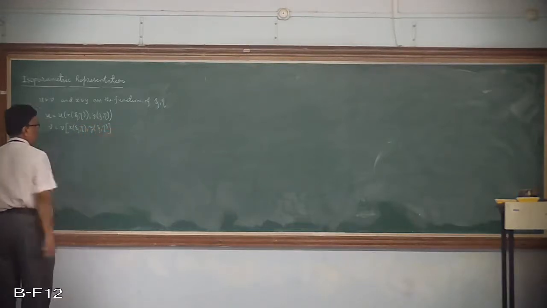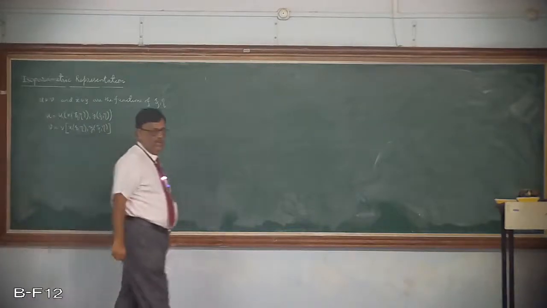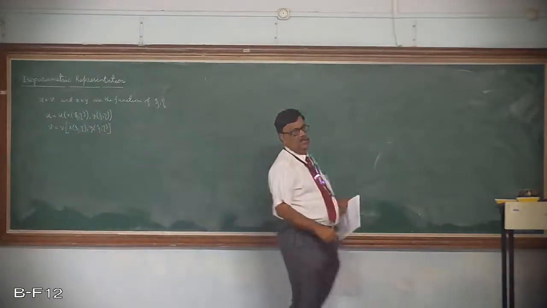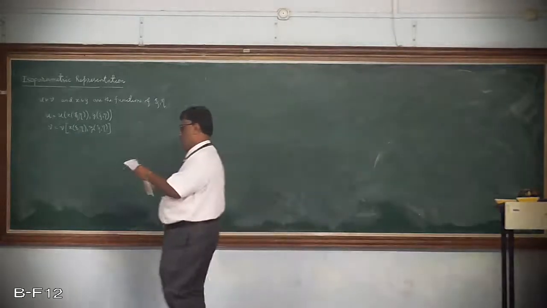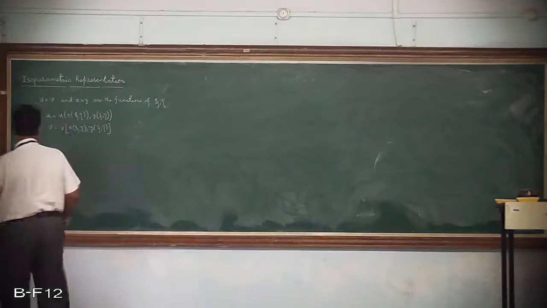So that means both u and v as well as x and y in turn depend on zeta and eta. So therefore, we have to make use of what is called the chain rule.